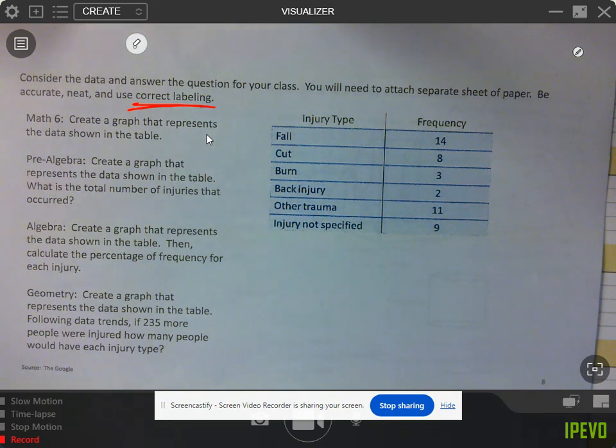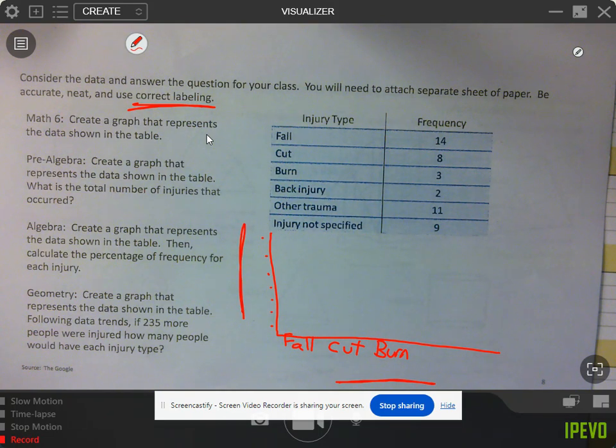So if we have our graph looking like this, and I put my numbers going up, and I put injuries down here, I need to label them. What am I putting on the bottom? What am I putting on that y-axis? Put your labels.